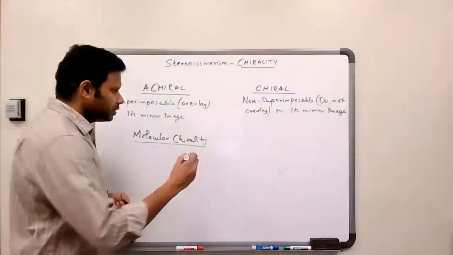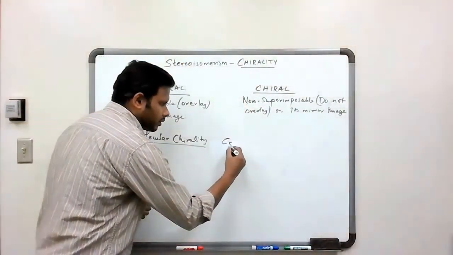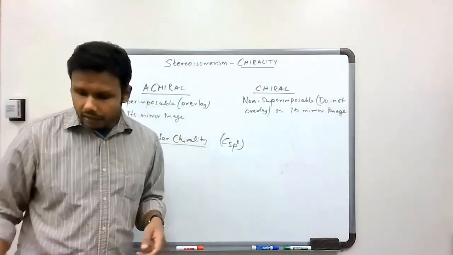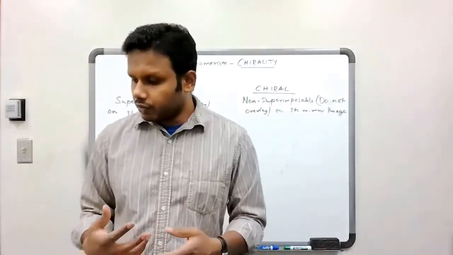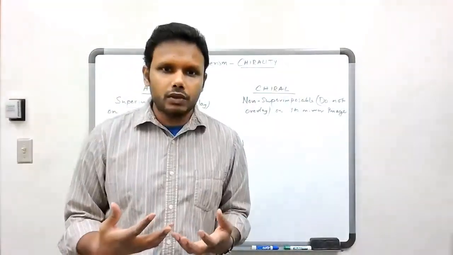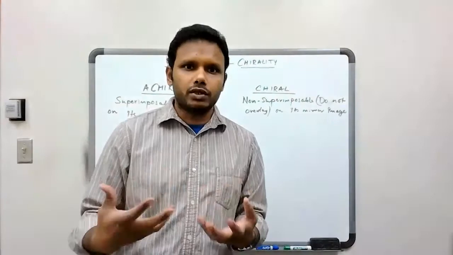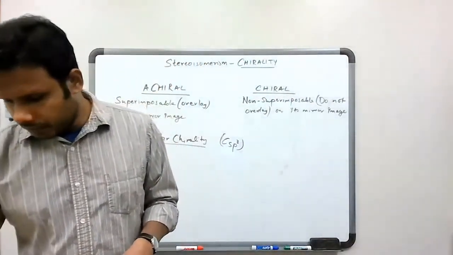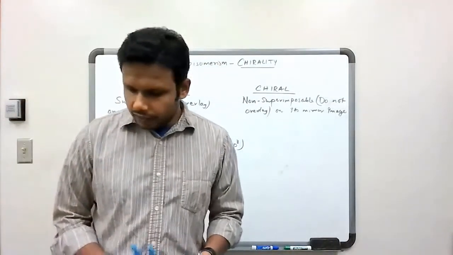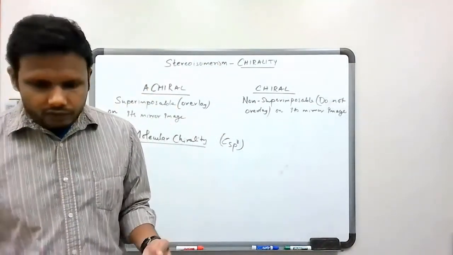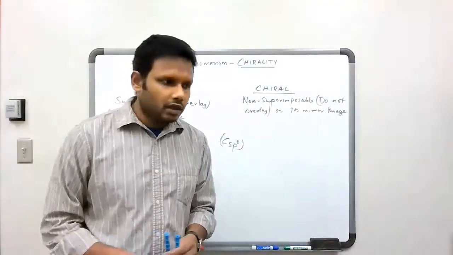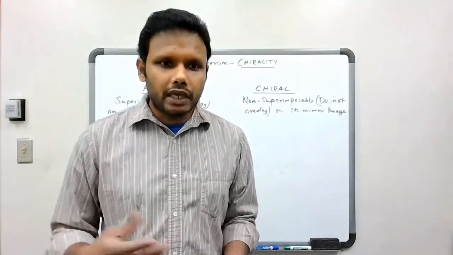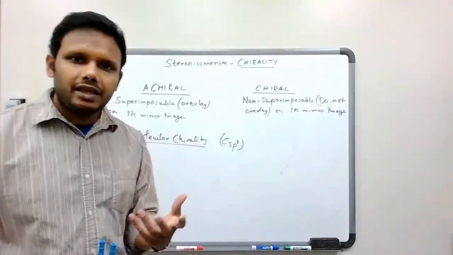But what we're going to do here is focus, like I said, on sp3 hybrid carbon atoms, and we will try to see what would make a molecule chiral, or when a molecule becomes chiral if it has an sp3 hybridized carbon atom in it. Now if a molecule has four of the same groups, then you can maybe make a model and convince yourselves that that molecule is going to be an achiral object.